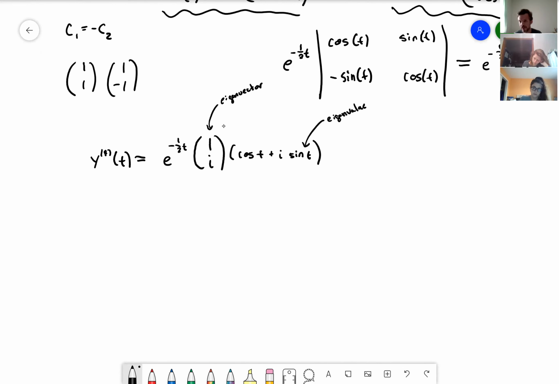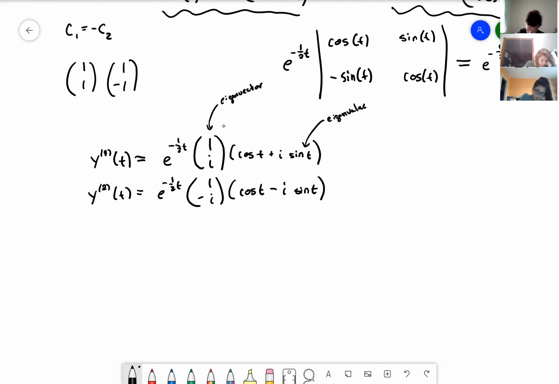The thing that's multiplied by t was the complex part of our eigenvalue. And when we took the complex conjugate, what we got was y2 of t, e to the minus 1/2 t. We got the complex conjugate of the eigenvector, and we got the complex conjugate of the eigenvalue. And so that sign of something became negative.